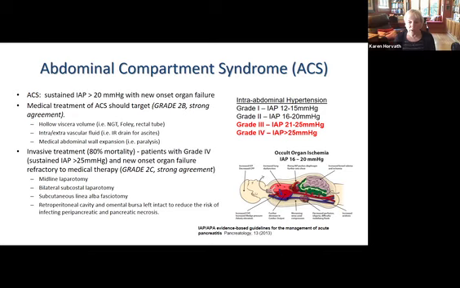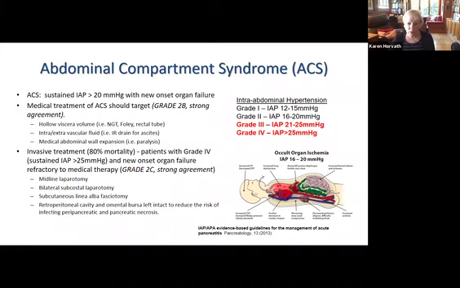When you have a patient that develops compartment syndrome, really the primary first line is medical treatment, and it should target decreasing hollow visceral volume with an NG tube, Foley and a rectal tube, managing intra or extravascular fluid, like maybe putting an IR drain in the ascites, and the use of medical abdominal expansion, i.e.